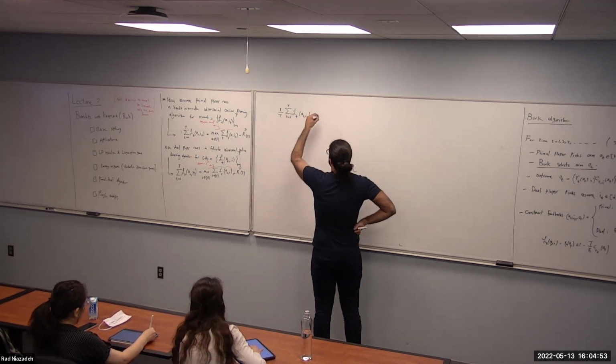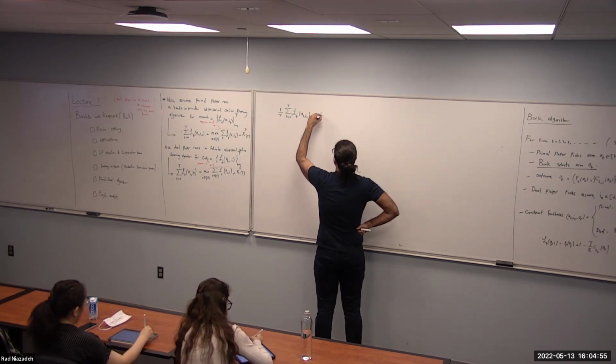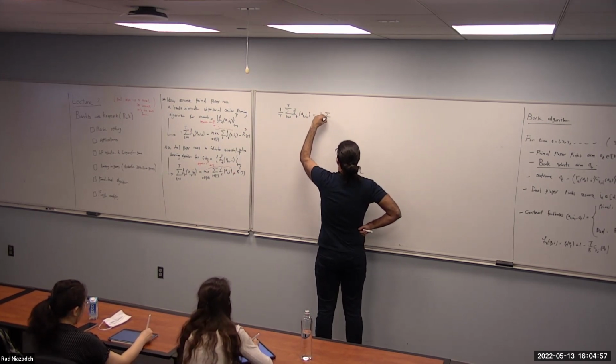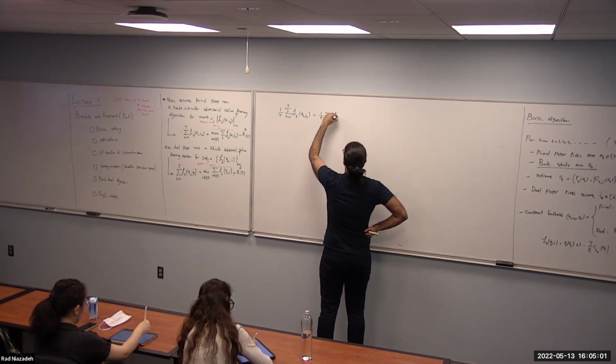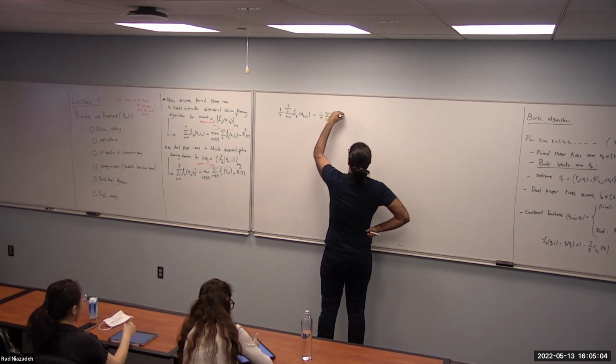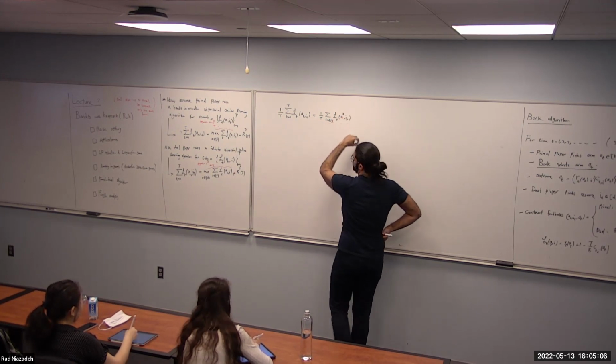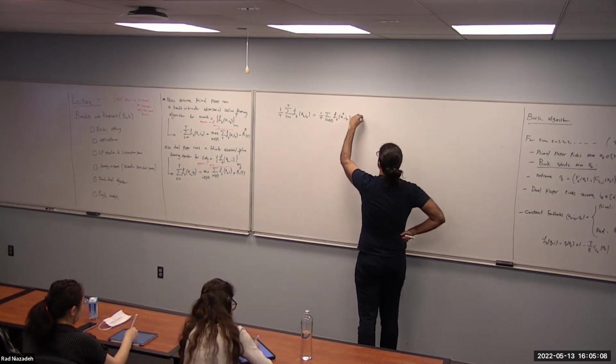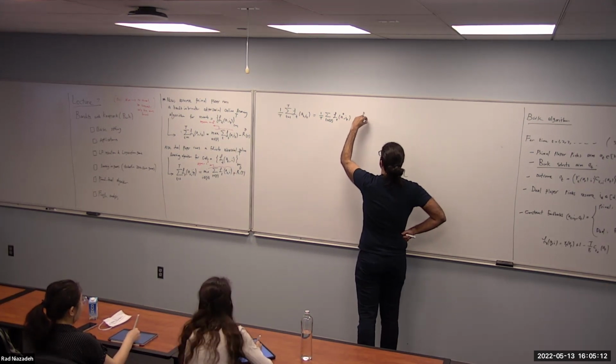So this is going to be equal to 1 over T, summation t in T, L_t(a star, i_t) minus, over T. Okay.